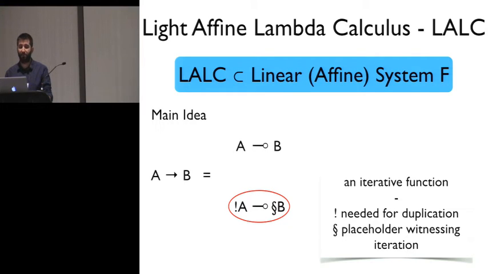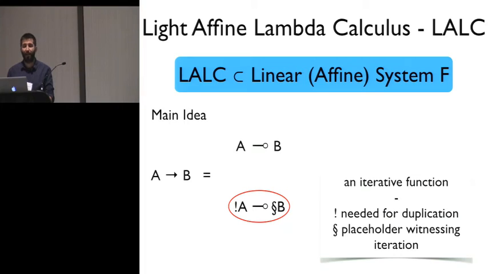And here we denote this function space with these two modalities, bang on the input and paragraph on the output. Bang is a marker of duplication, that we need to perform a duplication, while this paragraph is a placeholder witnessing an iteration.